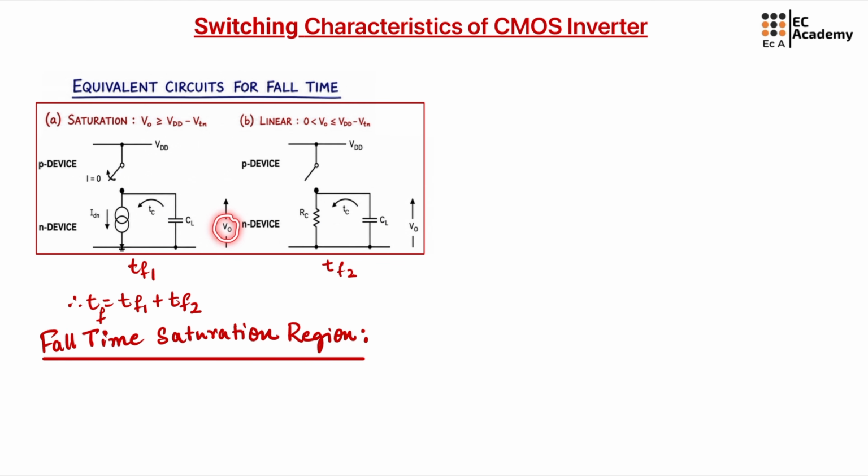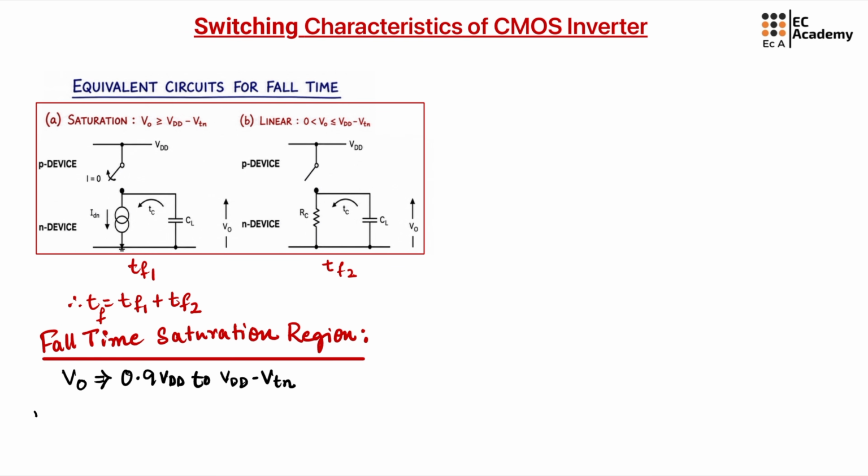During this part, the capacitor starts discharging and the NMOS will be operating in saturation region. In this condition, V0 will be greater than VDD minus VTN. So in saturation region, V0 will drop from 0.9 VDD to VDD minus VTN.